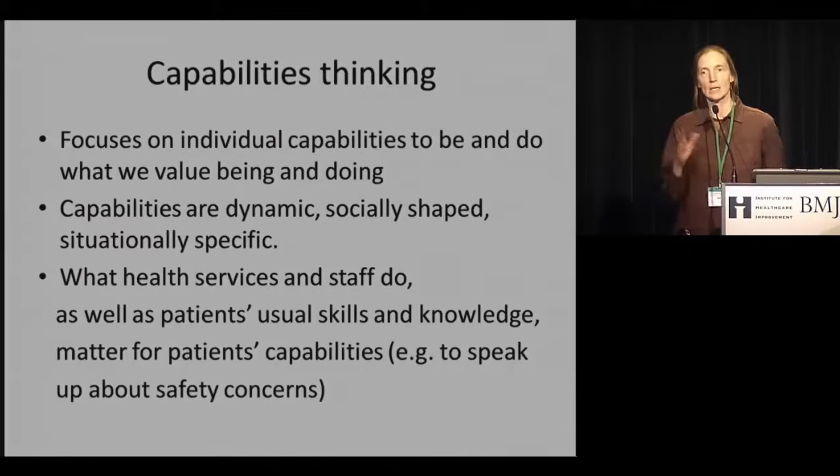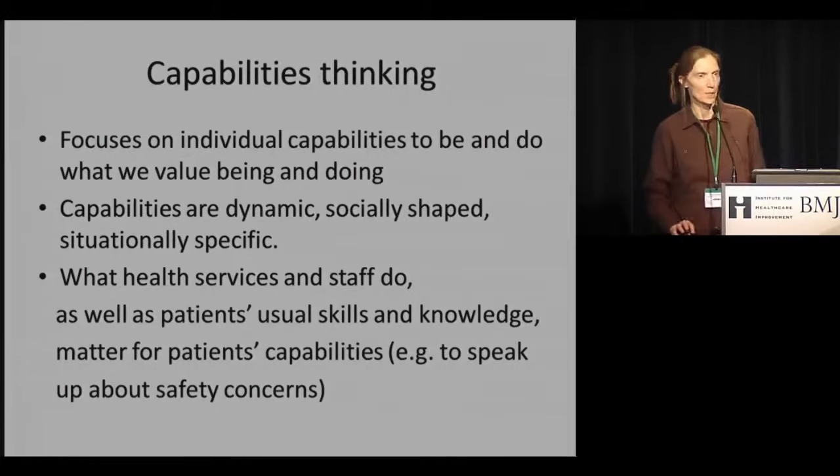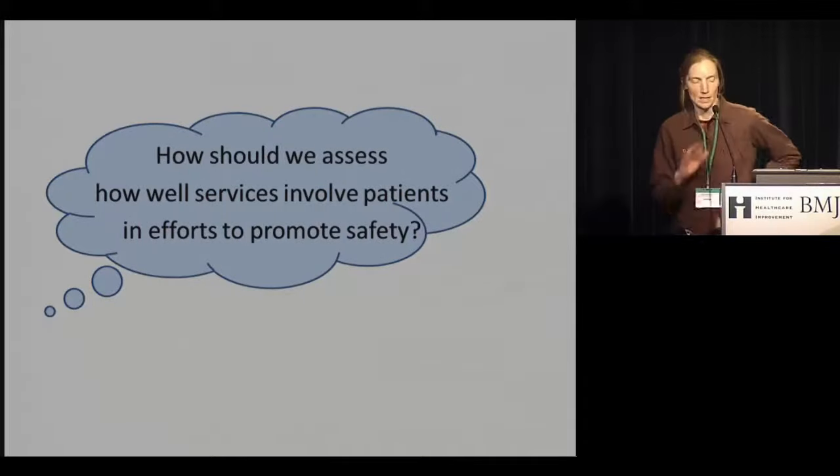But capabilities thinking, with its emphasis on the social shaping of capabilities, might be useful for teams that are planning to involve patients in efforts to promote their safety. I'm going to rattle on because we did want to leave a little bit of time for discussion. And we said in the brochure that we would encourage thinking about how we might assess how well services involve patients in efforts to promote safety.